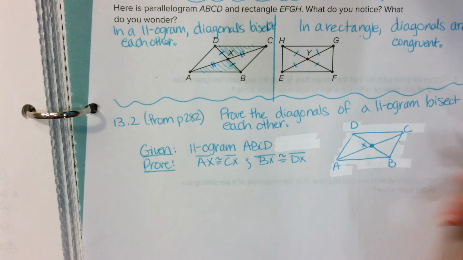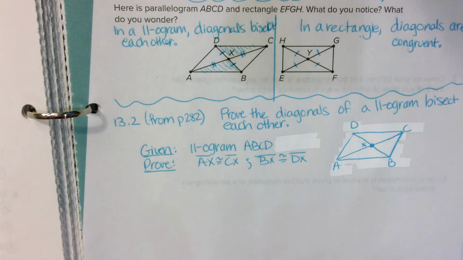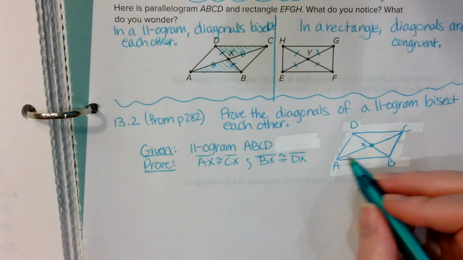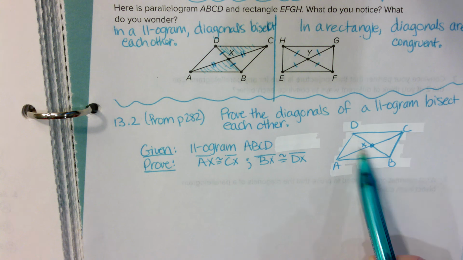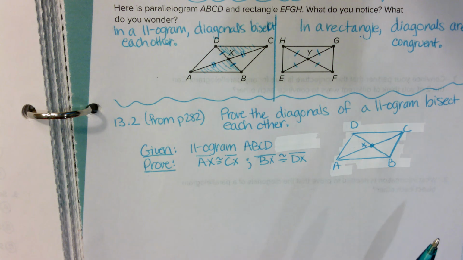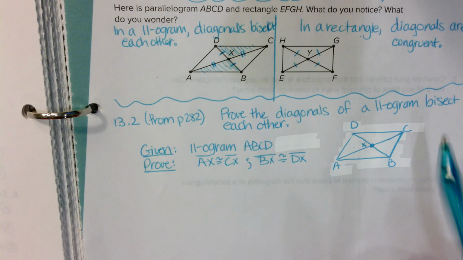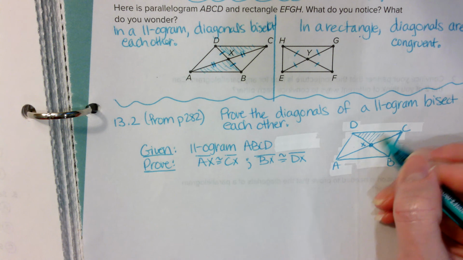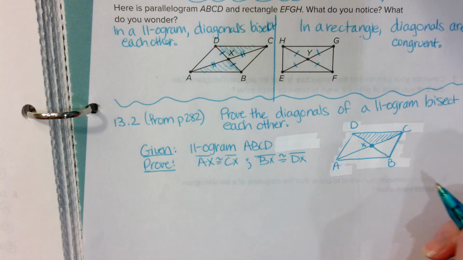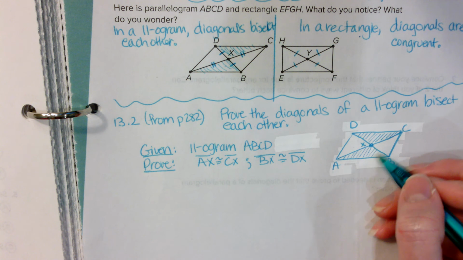Now, this is the first time in our proofs that I'm not going to use the entire triangle made by a diagonal. Instead, I'm going to use 2 of the 4 little triangles you now see. I can do this proof either using the top and bottom or the 2 sides, so it matches the notes in the locker. I'm going to use the top triangle and the bottom triangle.